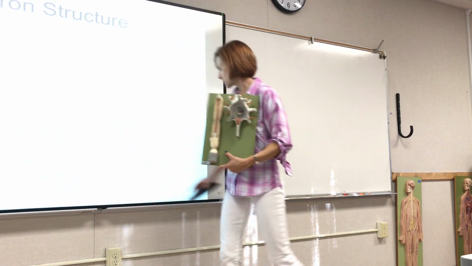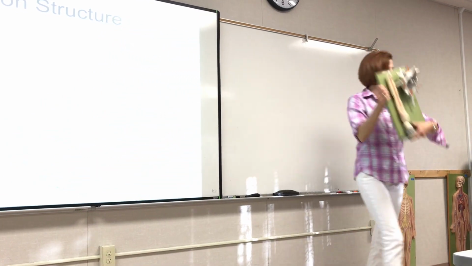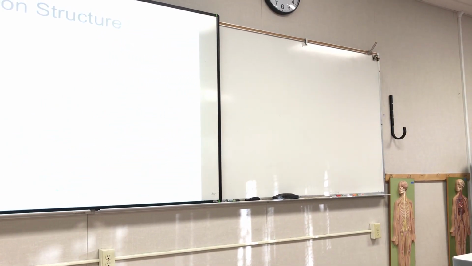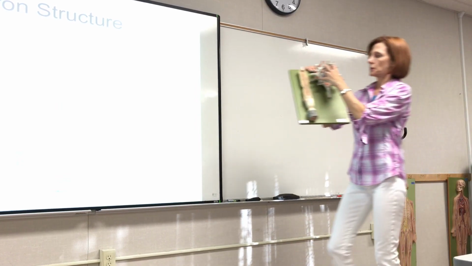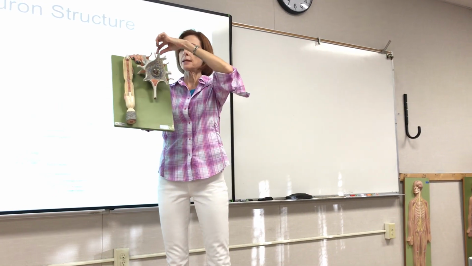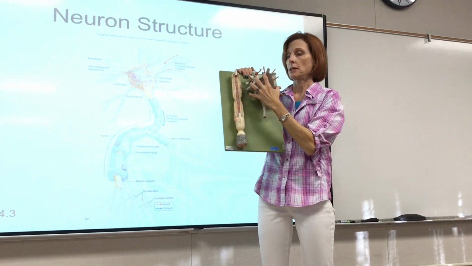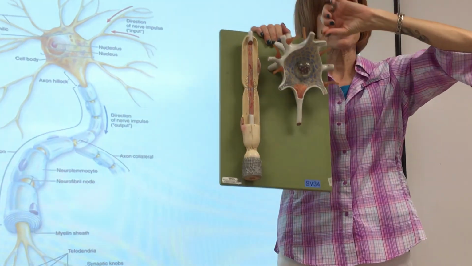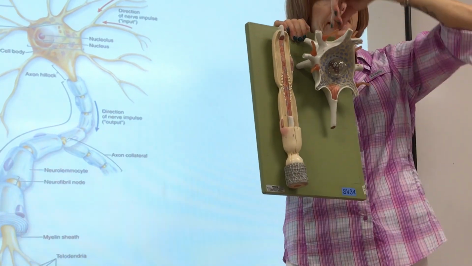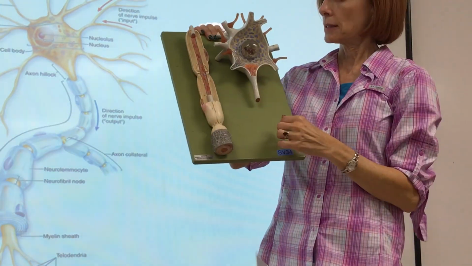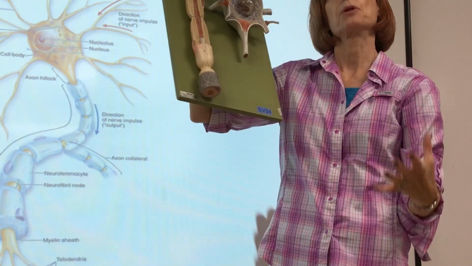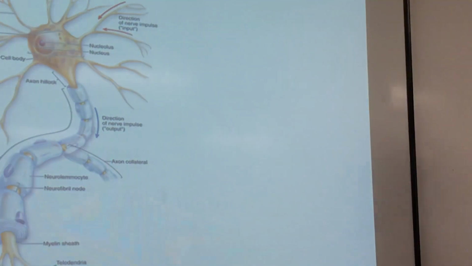And you can also see these structures we're going to talk about on this model. Okay, you guys know this is the cell body. So these things that come out from the cell body, these are the dendrites of this neuron. These are axons of other neurons that are synapsing on this one. And this is just the axon kind of blown up, so you can see it up close. Okay.